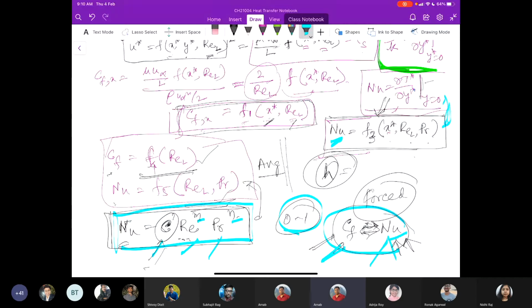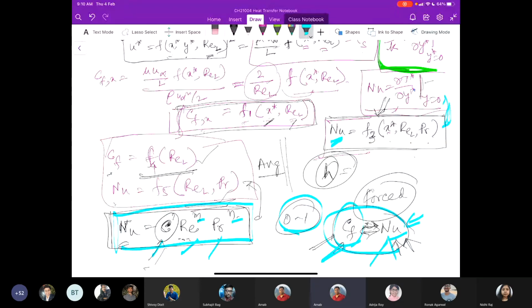Sometimes this friction coefficient value is known to us. Then the question is whether we can estimate the Nusselt number from that friction coefficient value.